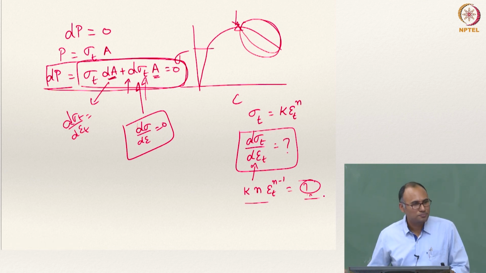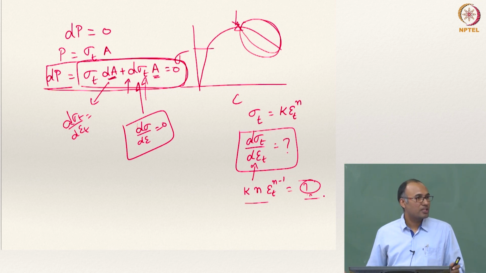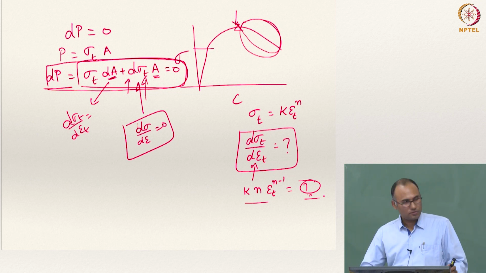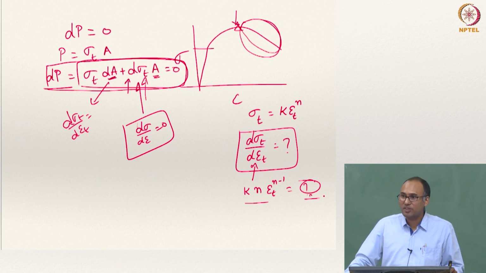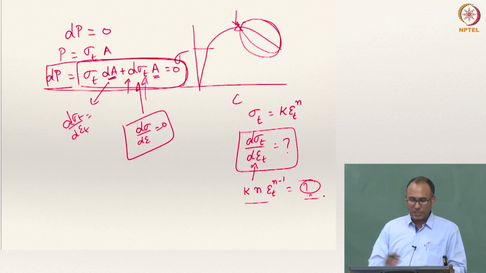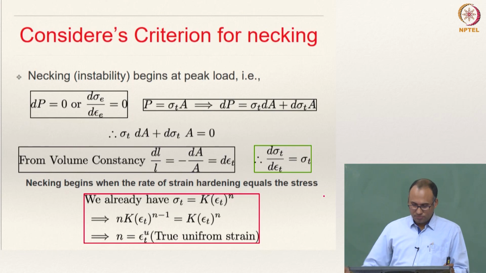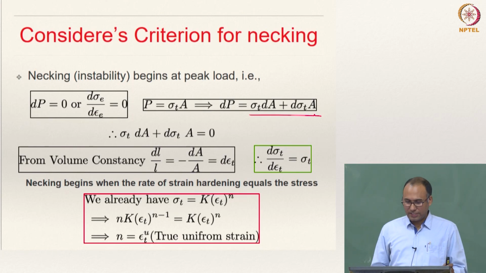something coming up. So at the necking, d sigma T by d epsilon T is not equal to 0, right? It is not equal to 0, because there is no peak in the true stress strain curve. d sigma by d epsilon is equal to 0 or dP equal to 0. Okay, so this is what I have written.